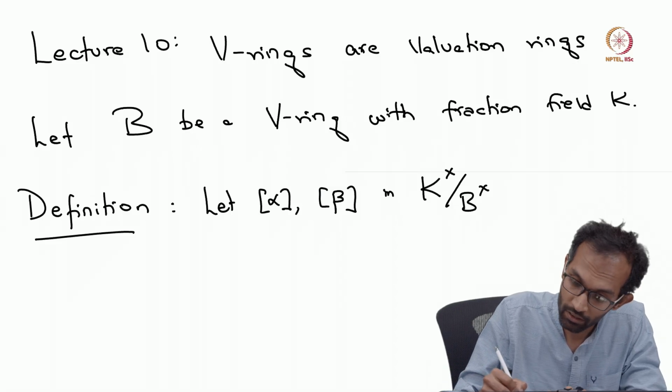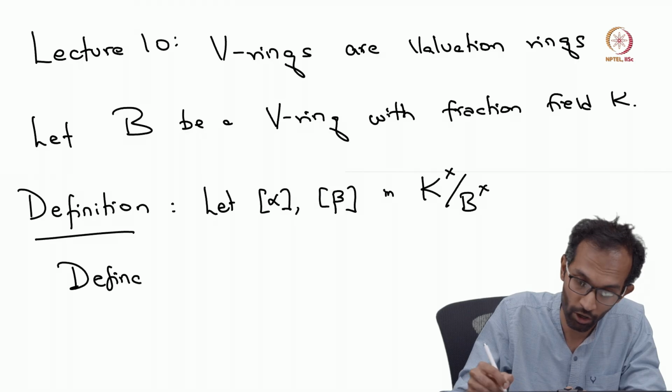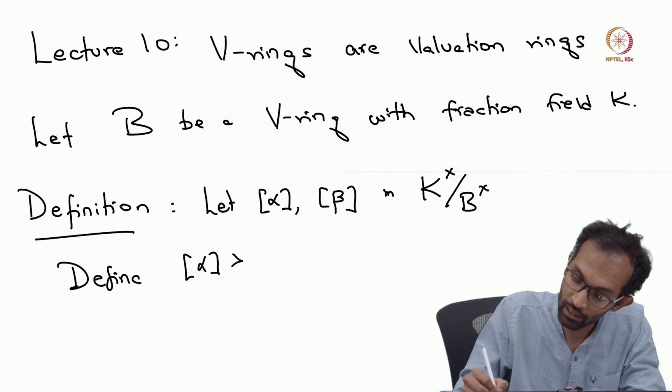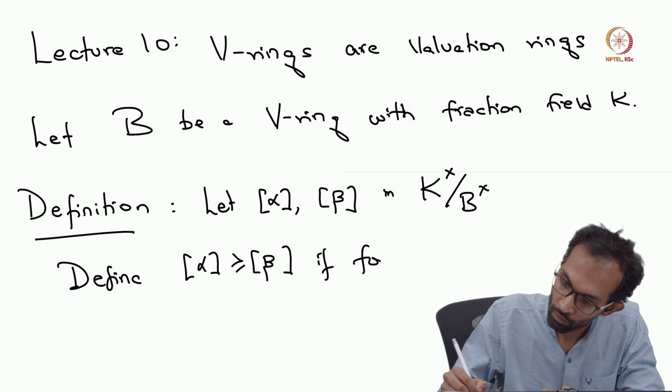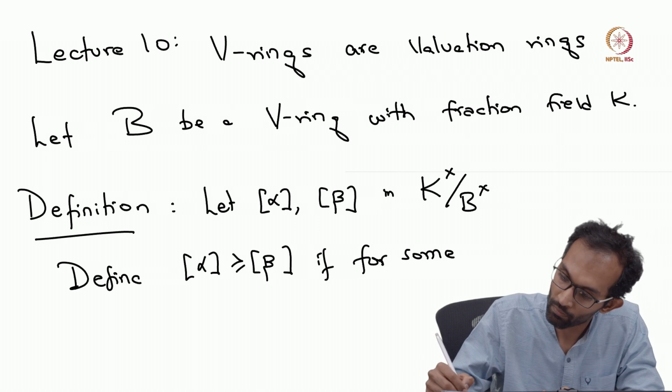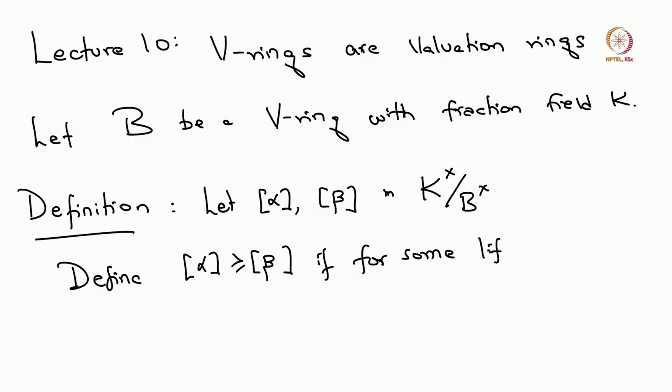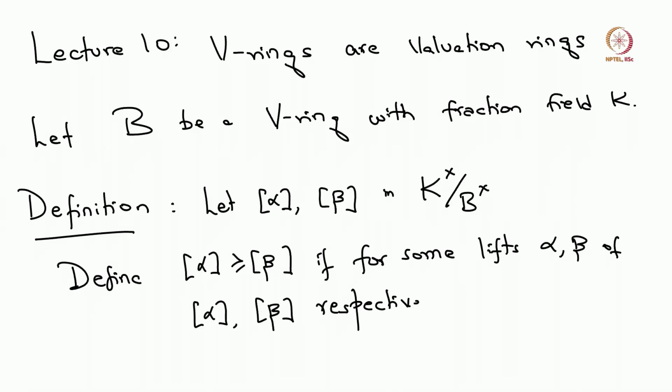I'll define this order: square bracket alpha is larger than or equal to square bracket beta if, for some lifts alpha and beta, the ratio alpha over beta belongs to B.